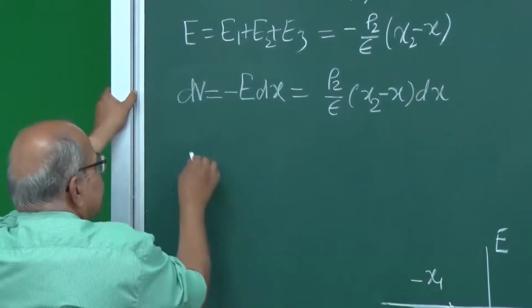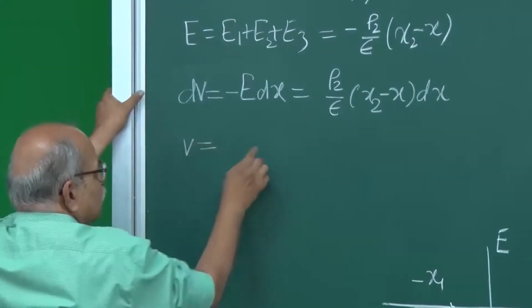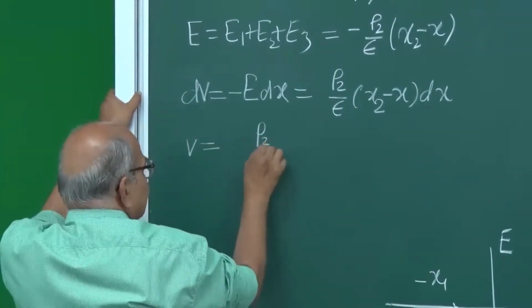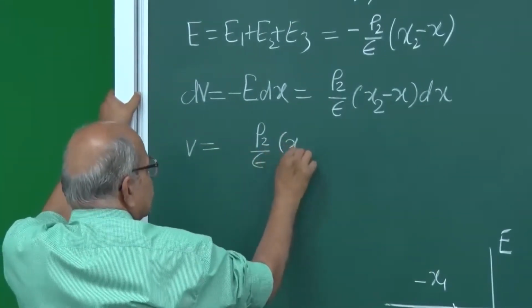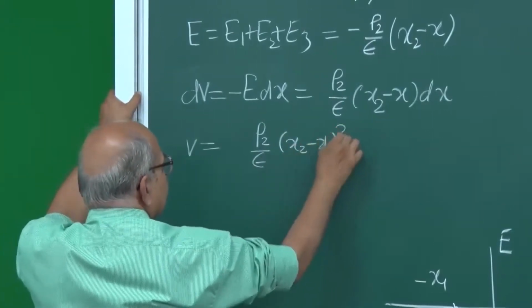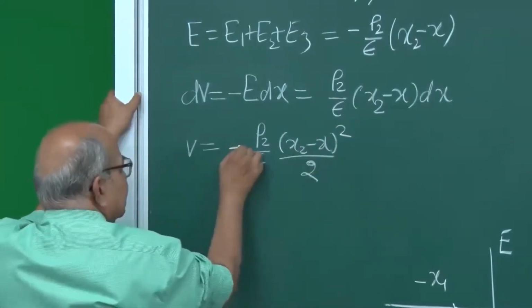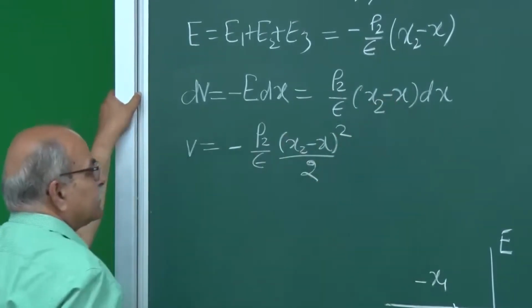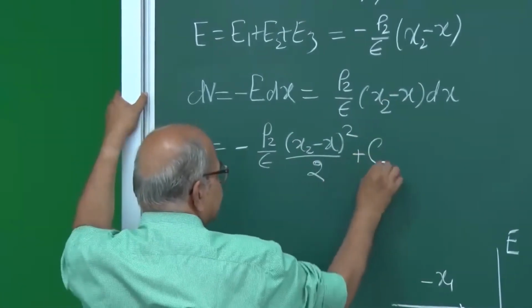So if I integrate, you get V is equal to rho 2 over epsilon, then x2 minus x whole square by 2 with a minus sign because you have the negative sign here, plus some constant.